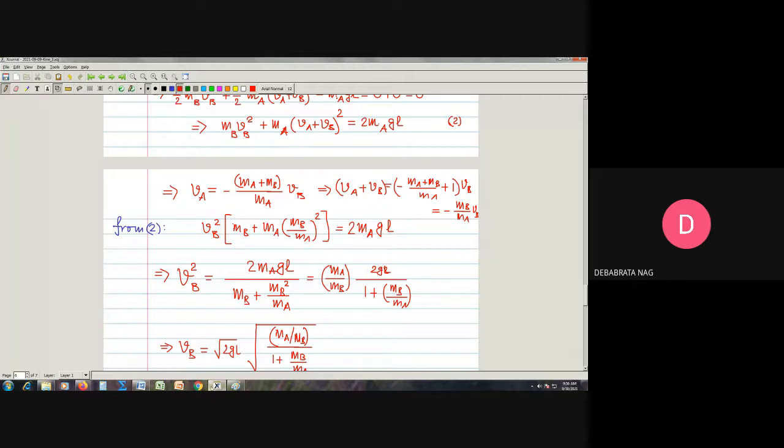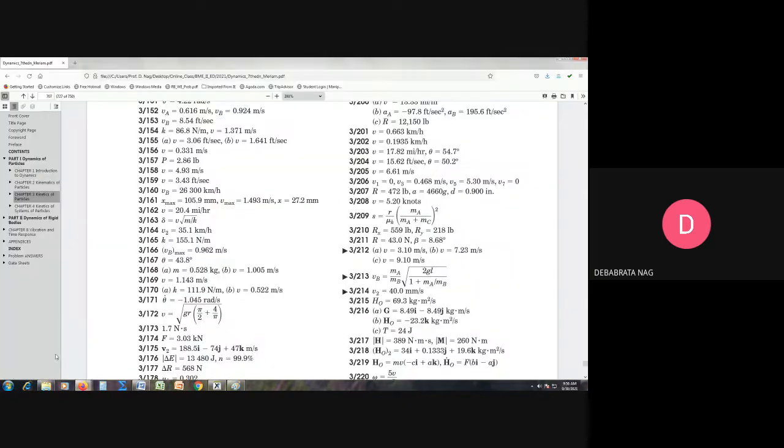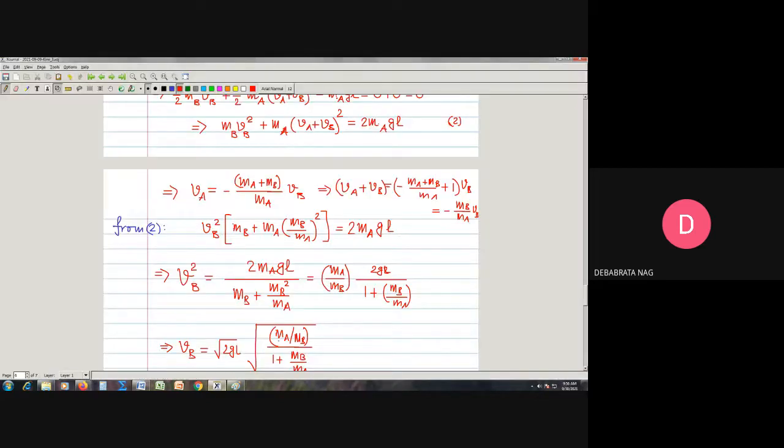Okay, so I think in the book it is mentioned in the other format. So it is MA by MB, taken from here. We can write it in this way, because then we will be having the homogeneity in the equation. I mean to say, here it is MA by MB and here it is MB by MA. So in order to eliminate that, what we need to do is MA by MB getting multiplied over.